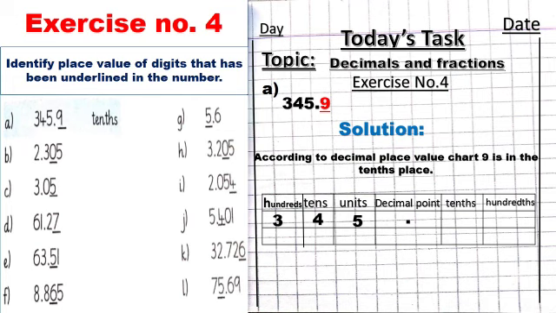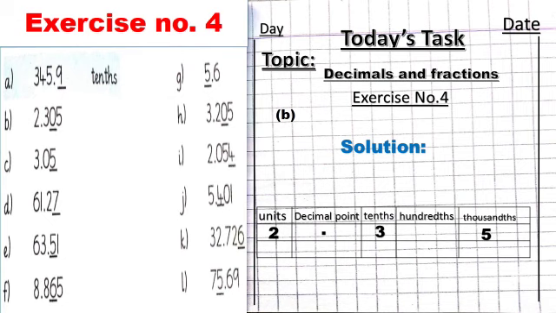To identify the place of a digit, you will draw the decimal place value chart because we will identify the place according to the decimal place value chart. Look at this question. 9 is in the tenths place. According to the decimal place value chart, 9 is in the tenths place.